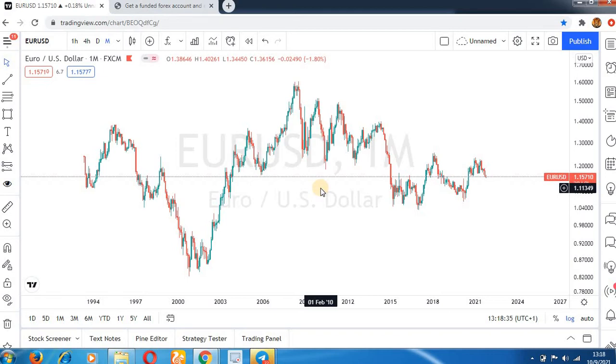So what we're looking at now is, how do I approach the market technically when I come on the chart? The first thing you do is come to the monthly time frame. It helps you to stay on the side of the fundamentals. Now, when I say fundamentals, I'm not talking about the daily news release. Daily news release is not fundamentals.